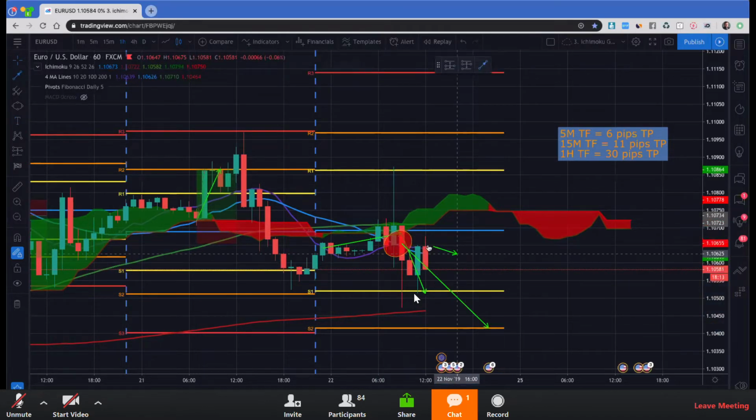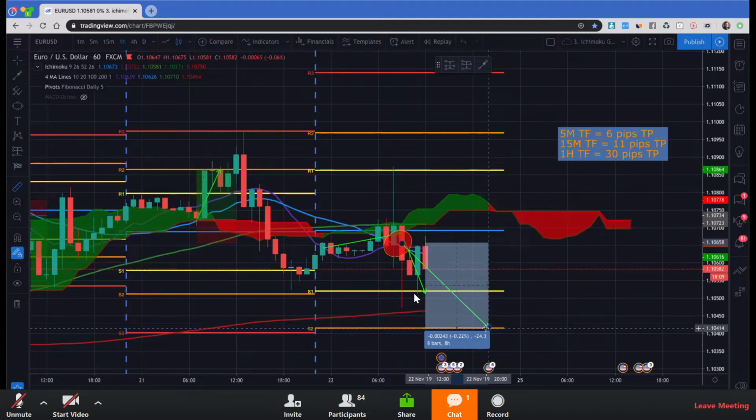Now I know that this is not going to be 30 pips, but that 24 is a lot safer. All right, so the pivot indicator on TradingView is just pivot standard. It's called pivot standard.